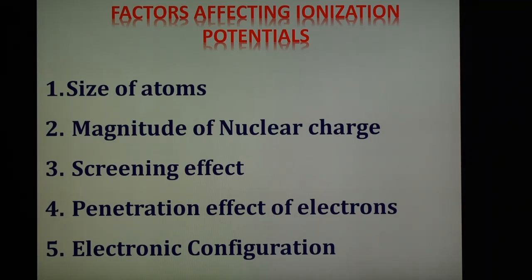This factor can be used to explain the variation of ionization potential of the elements in a given group of the periodic table. As we move down the group, the number of inner shells increases, and hence ionization potential value decreases. So a decrease in the force of attraction decreases the value of ionization potential.